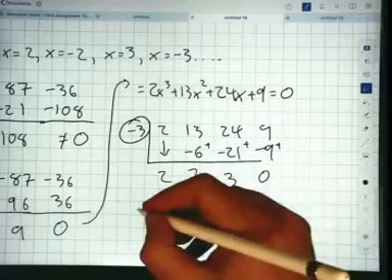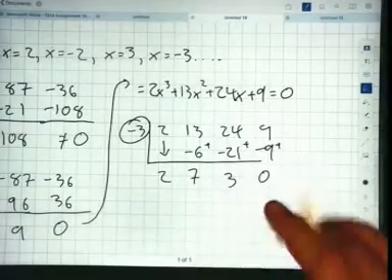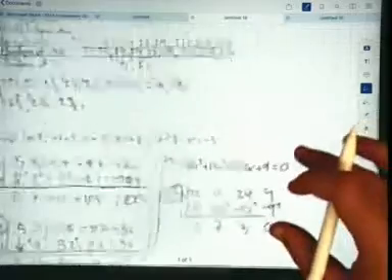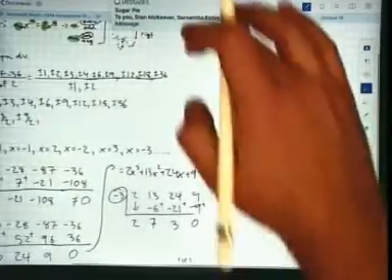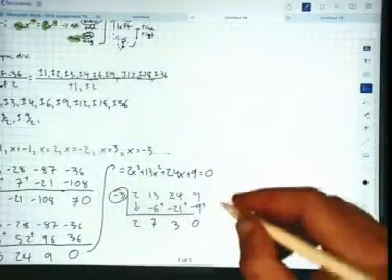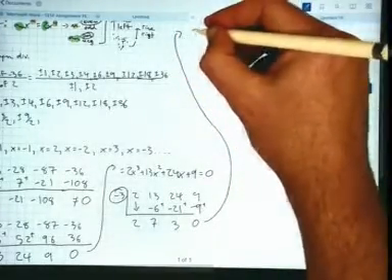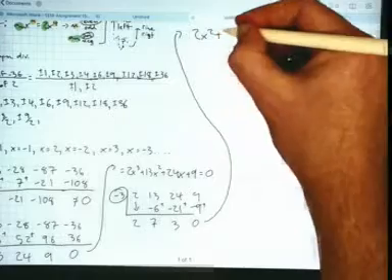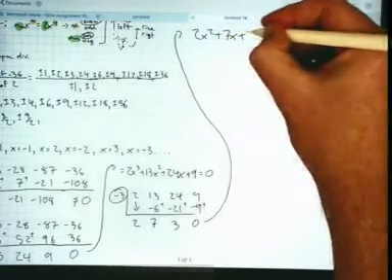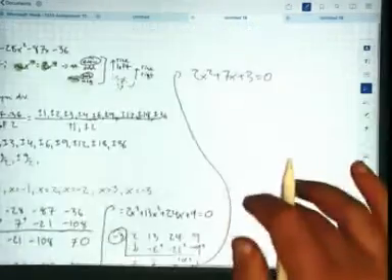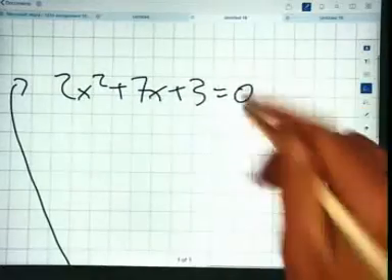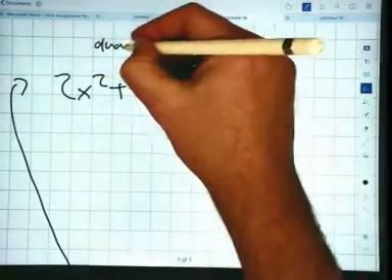Now at this point, I'm going to move up where I have a little bit more room. We have a 2x squared plus a 7x plus 3 set equal to 0. This is a quadratic equation.